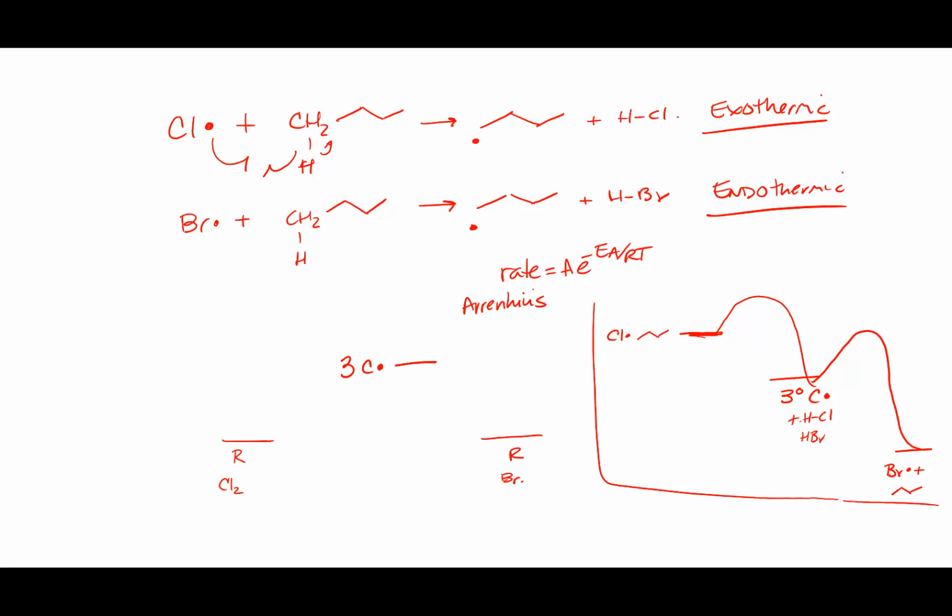It tells us how the activation energy affects the rate of the reaction. So which one of these two reactions has the smaller activation energy? The exothermic one. Which one has the larger activation energy? The endothermic one. So chlorination has a lower activation energy. It will occur much faster than the bromine.